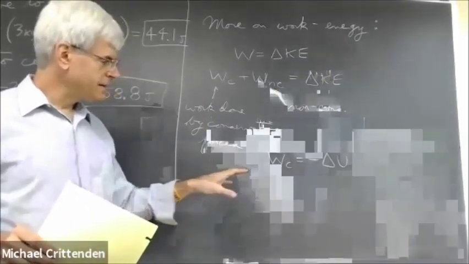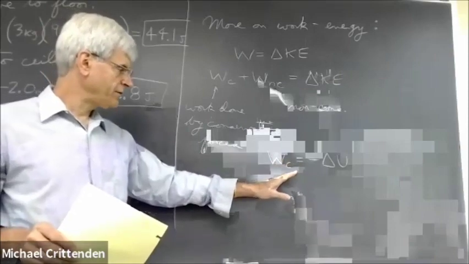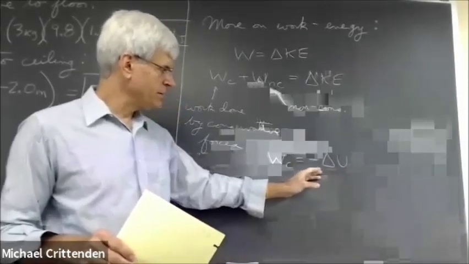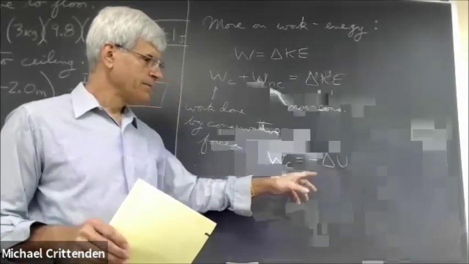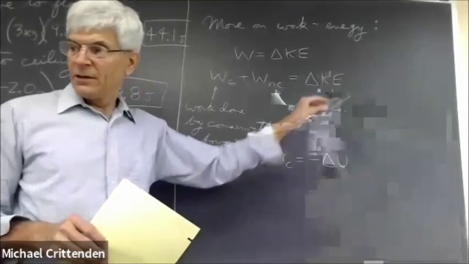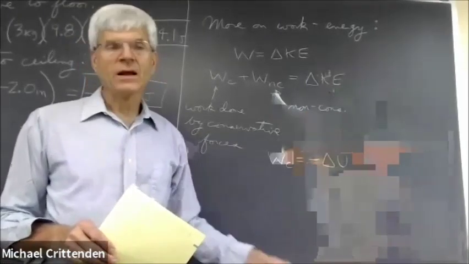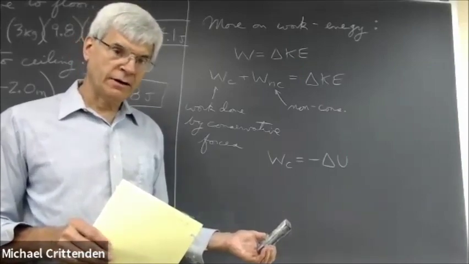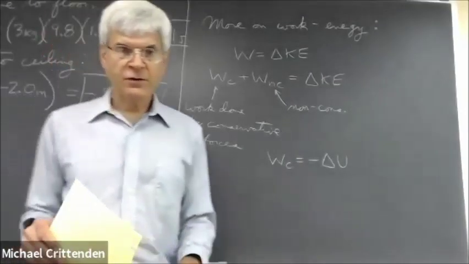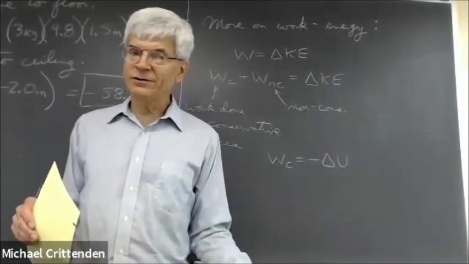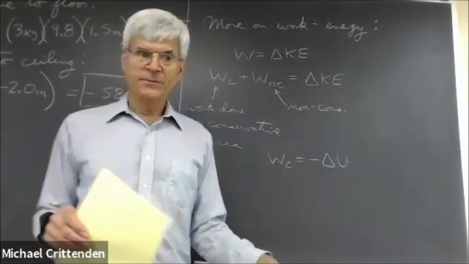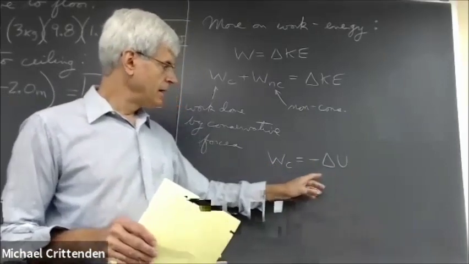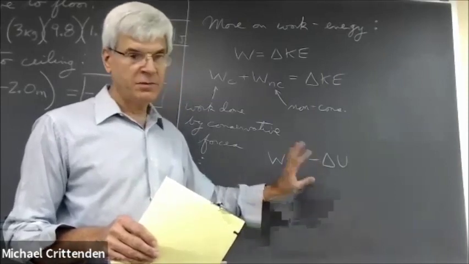If you want to get into the details, the work done by a conservative force is not actually equal to the change in the potential energy. It's equal to the negative of it. Because, for example, consider a falling object. The farther it falls, the more work has been done by gravity. The farther it falls, the less potential energy it has left. So as the work gets bigger, the potential energy gets smaller, and that's why you need a minus sign in between them like that.